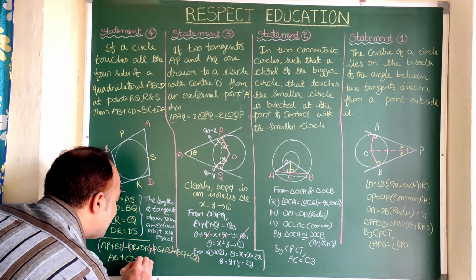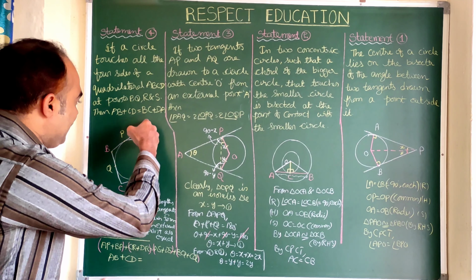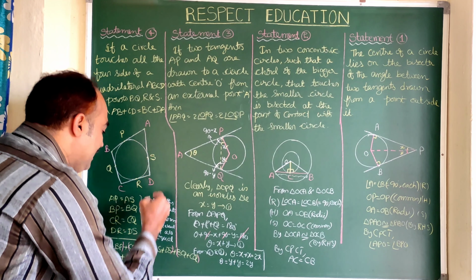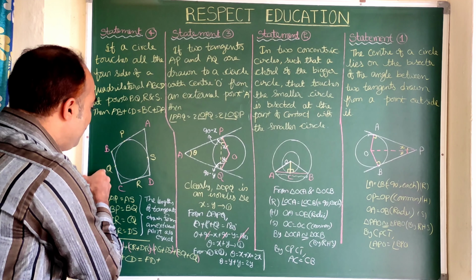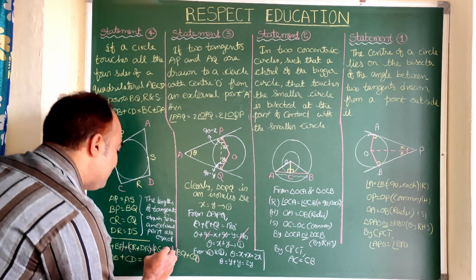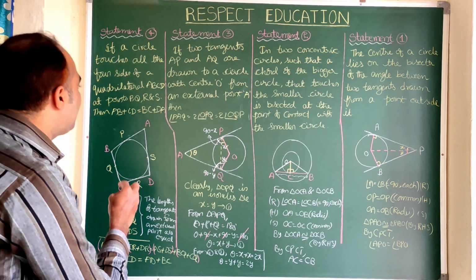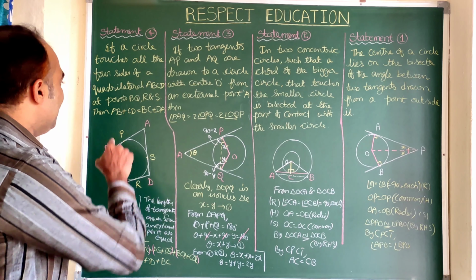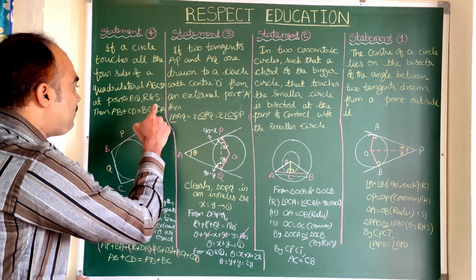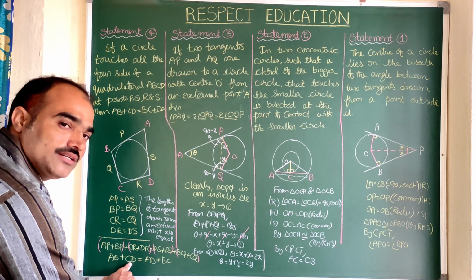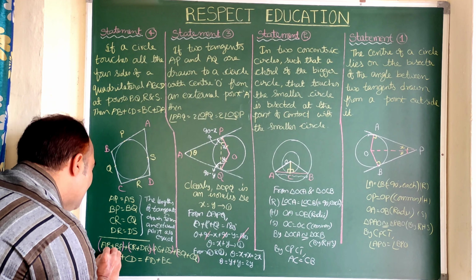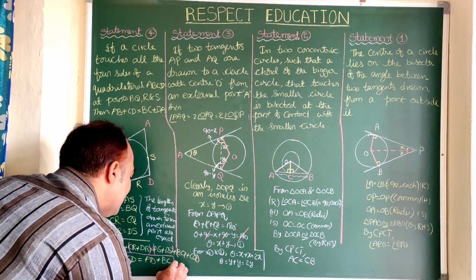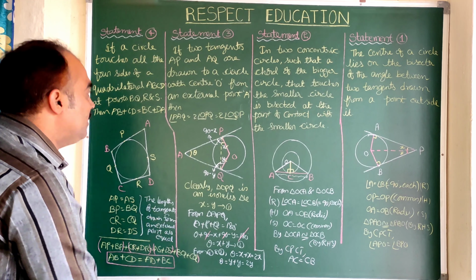So AB plus CD is equal to AS plus DS, nothing but AD, plus BQ plus CQ, nothing but BC. Now compare what is to be proved: AB plus CD equal to BC plus AD. AB plus CD is equal to, if you read from this side, BC plus AD. So with this, the fourth statement is also proved.